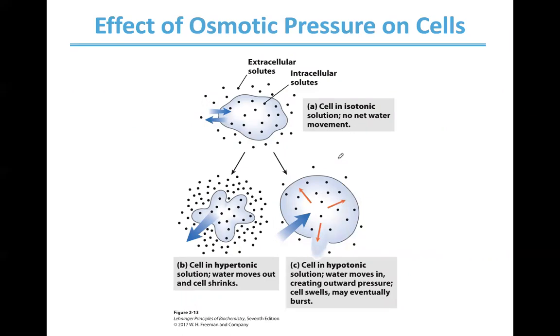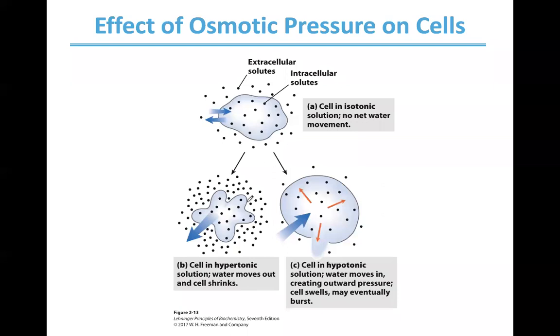Well, because biological membranes are semi-permeable membranes. So here's a cell, right? There's a biological membrane on the outside. Here we have intracellular solutes, extracellular solutes. So let's say this is a bacterial cell which wants to survive in different environments.